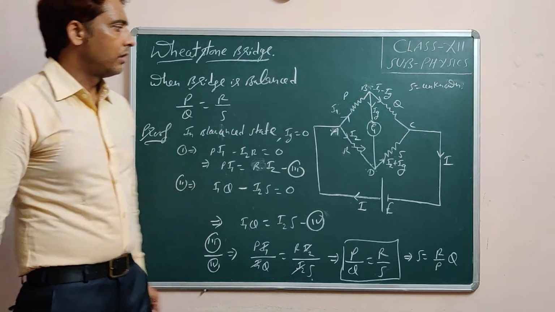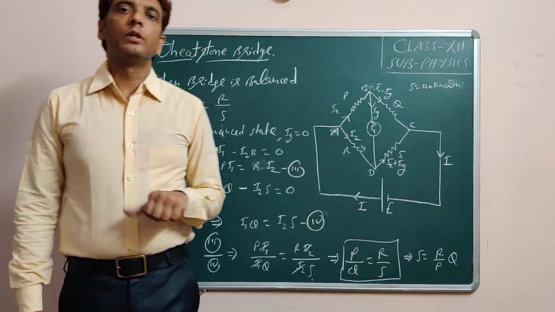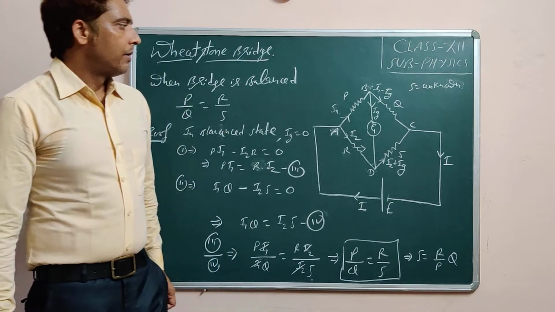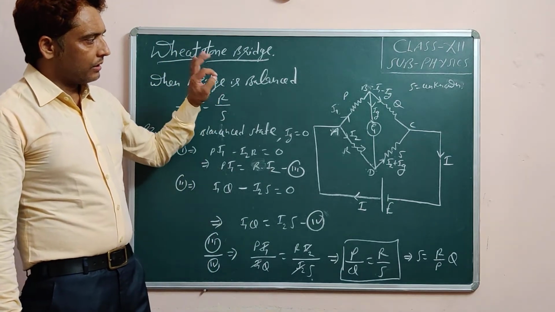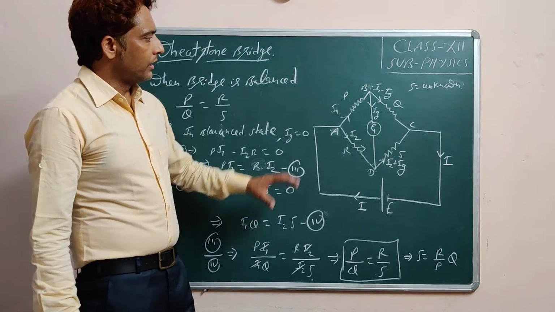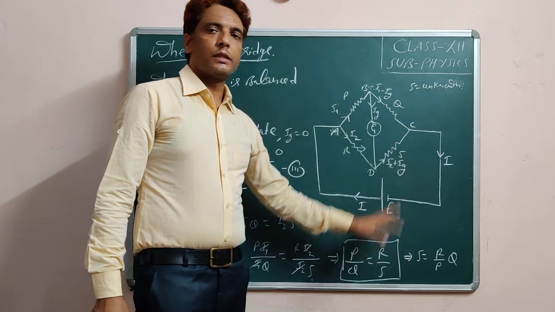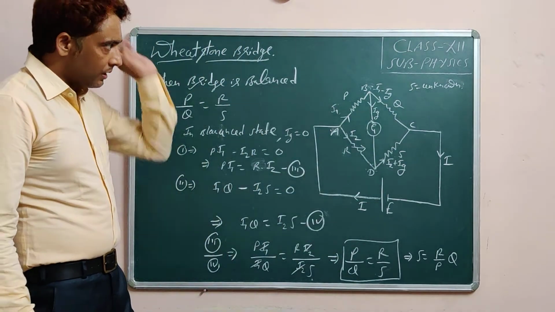So in this way, the Wheatstone bridge principle is used for finding the unknown resistance, and this is more sensitive when the values of P, Q, R and S are comparable.